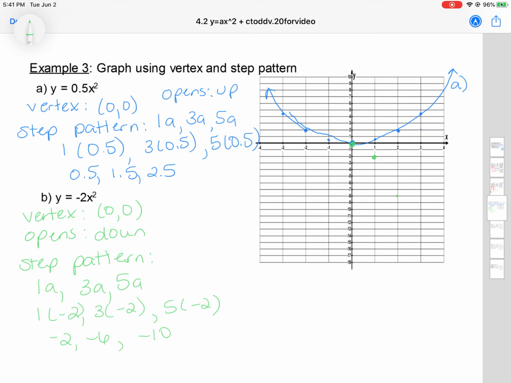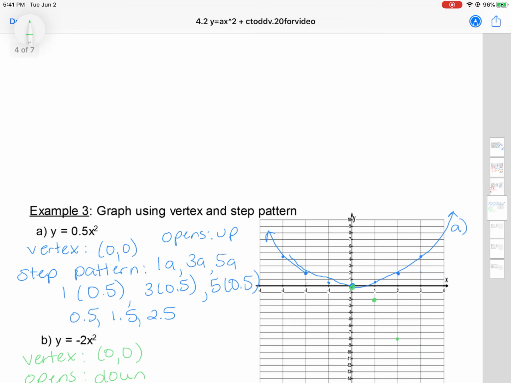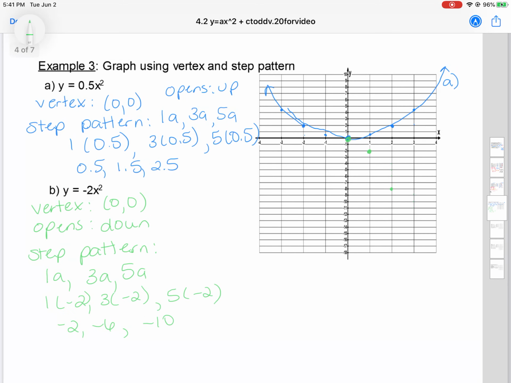1, 2, 3, 4, 5, 6, over 1, down 10. 1, 2, 3, 4, 5, 6, 7, 8, 9, 10.